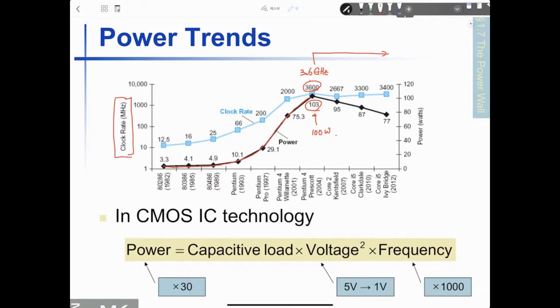If we look at a bulb, I think this is 25 watts, right? So a single small processor is requiring 4 bulbs. It's consuming that much.